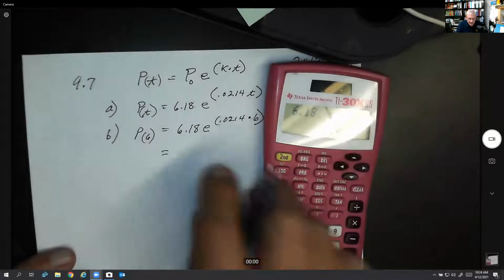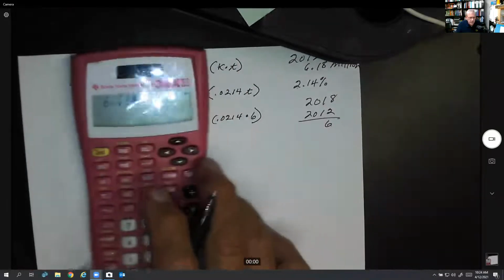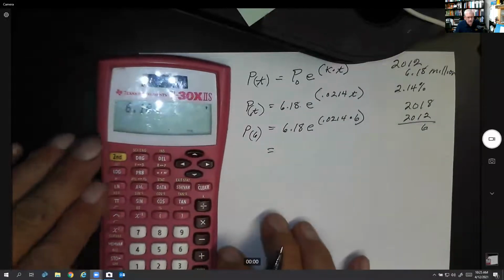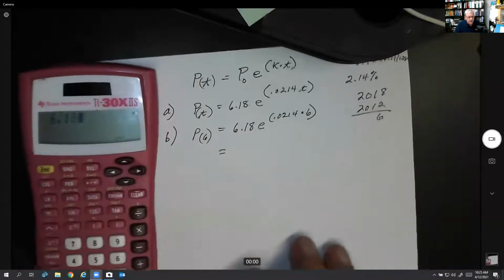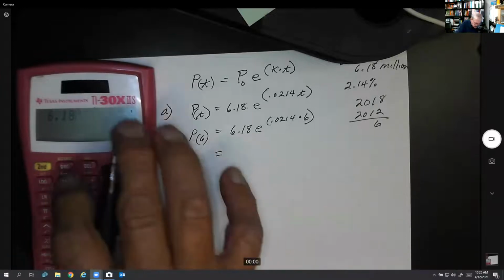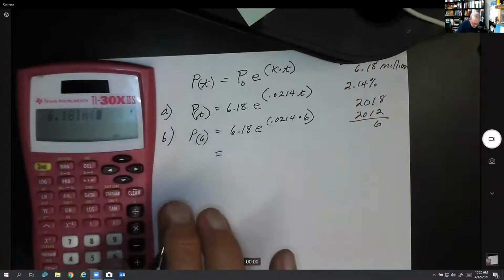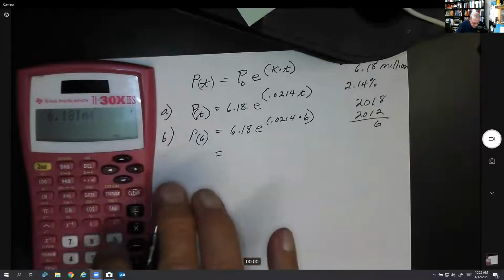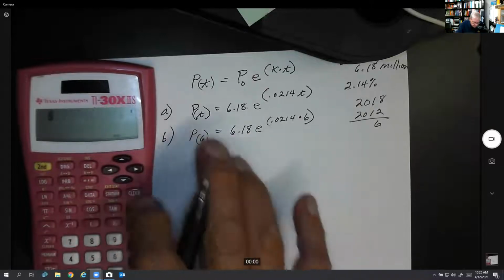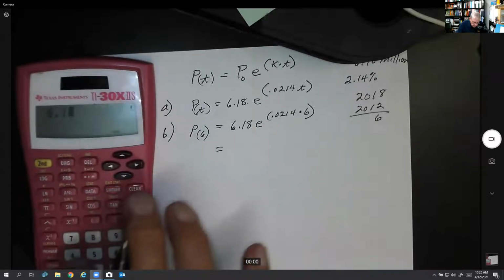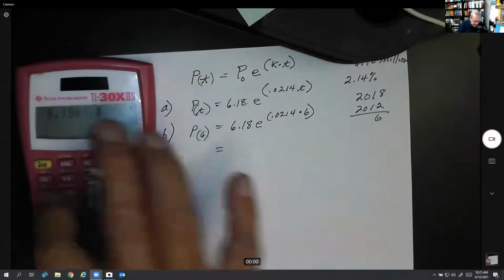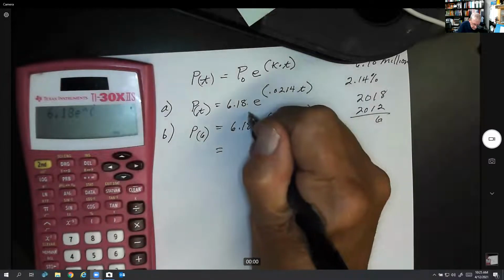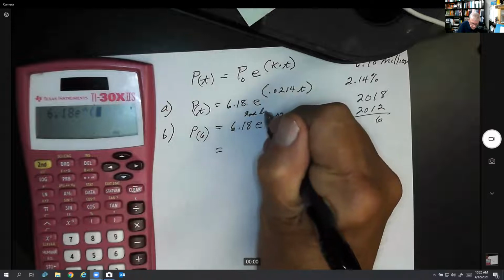Again, to get to E, we need second ln. That gets us to E, second ln.